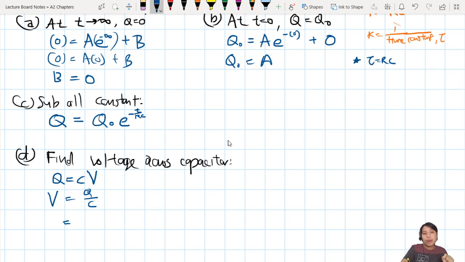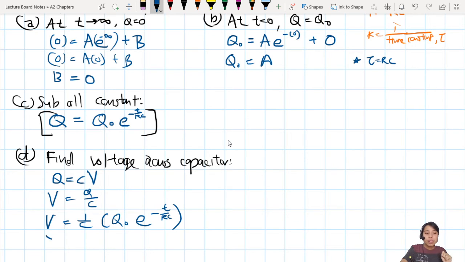Q, we already know, it's right here. So the Q is changing over time. After a long time, there is less charge since we're discharging. So we can say 1 over C times the whole Q, which is Q naught E negative T over RC.